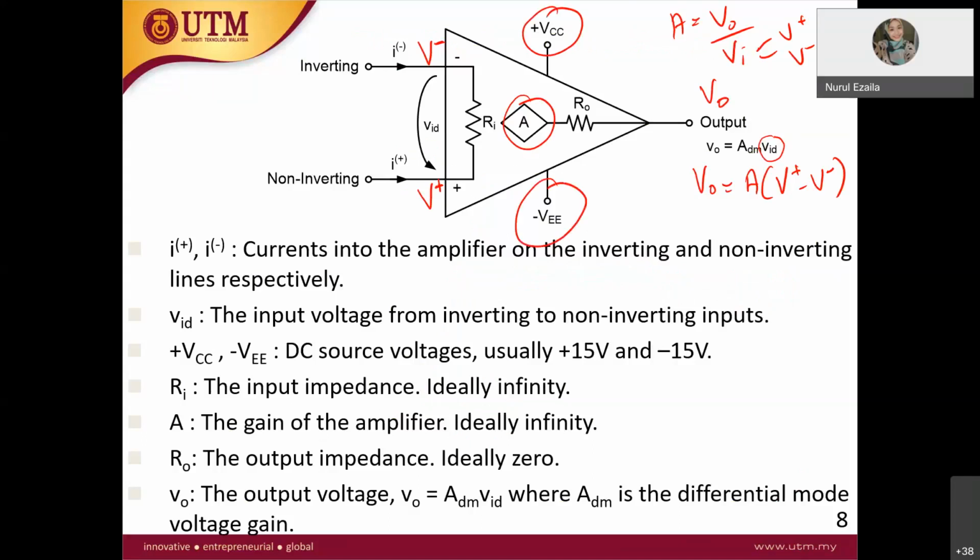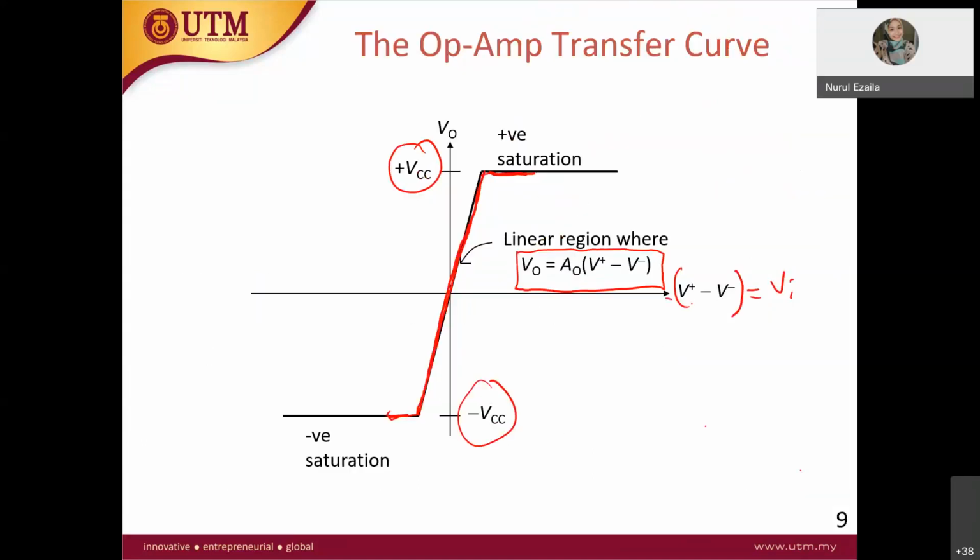It will be limited or saturated to the power supply of the op-amp. It cannot be greater than the power supply applied. It will be saturated to the plus minus V power supply. So this is the op-amp transfer curve characteristic.